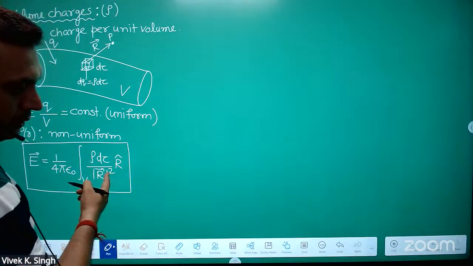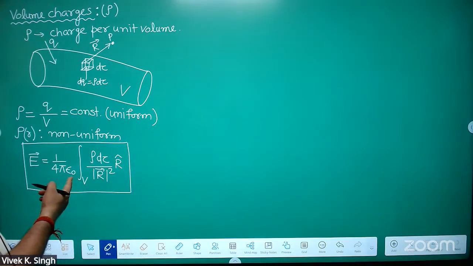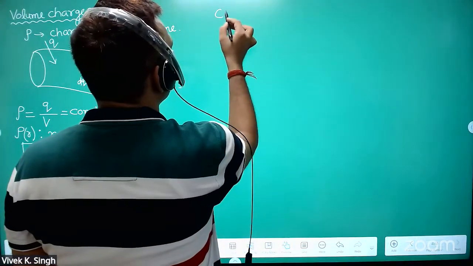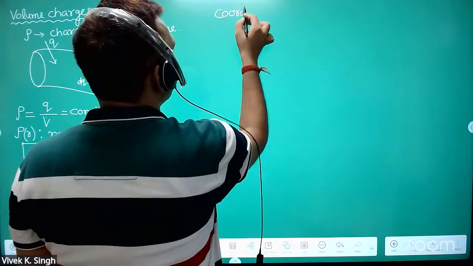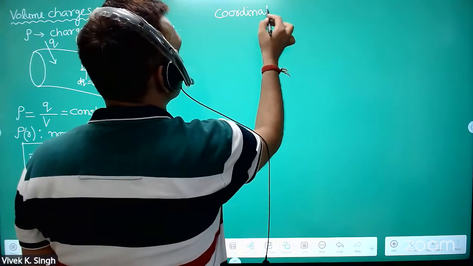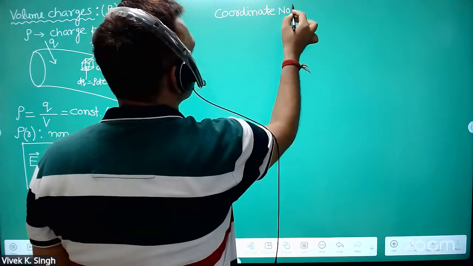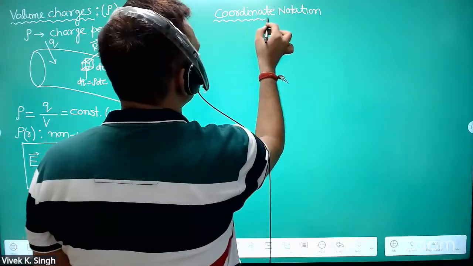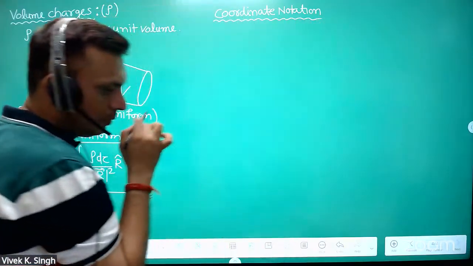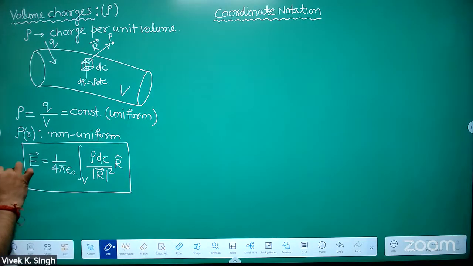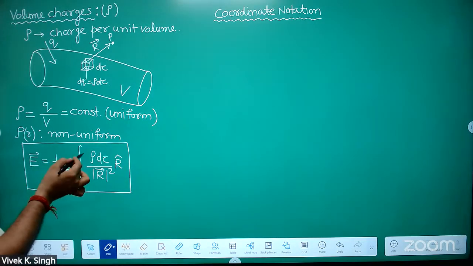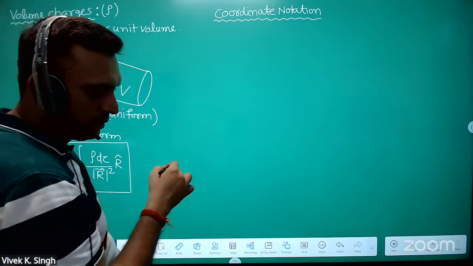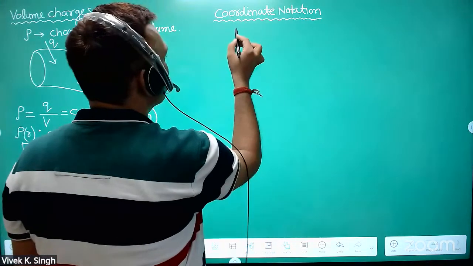Now we have to represent our Coulomb's law for this charge density in coordinate notation. So let's see what coordinate notation we are going to use. Because the source point and field point are represented by some position vectors, we have to identify those position vectors.